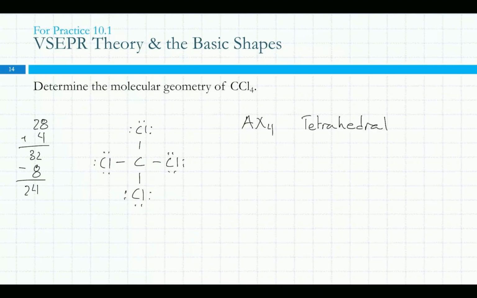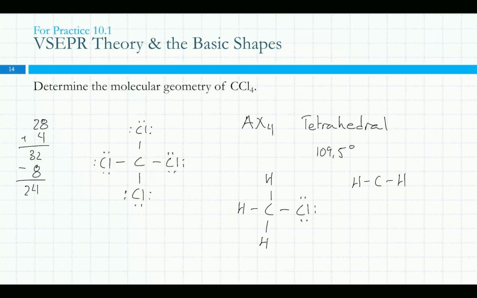And what bond angle would that have? 109.5. Okay. Is this going to be exactly 109.5 on this molecule? Yeah, because all of my groups are the same. If I swap some of those out for hydrogens, so let's say I did, still AX4, still tetrahedral, but now what would my, let's say, hydrogen carbon hydrogen bond angle be?